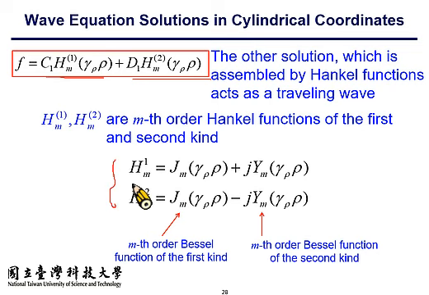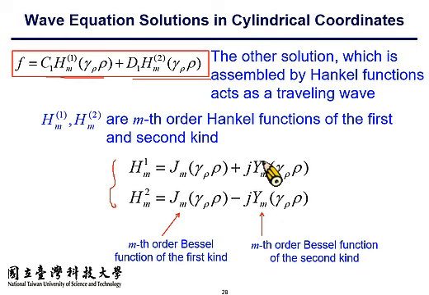The mth order Hankel function of the first kind is the summation of Jm plus j Ym. So it's the composition of a Bessel function of the first kind and a Bessel function of the second kind. And the Hankel function of the second kind is the sum of the Bessel function of the first kind minus j times the Bessel function of the second kind.